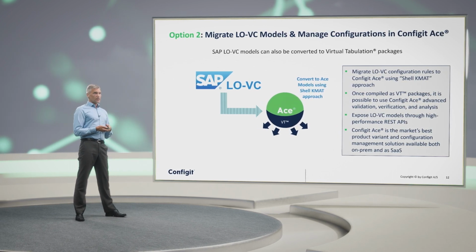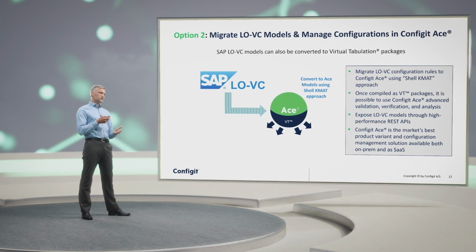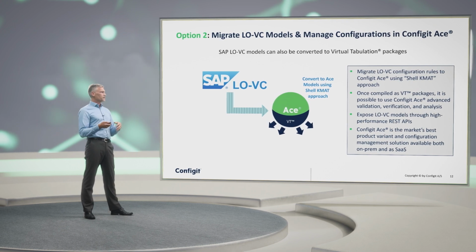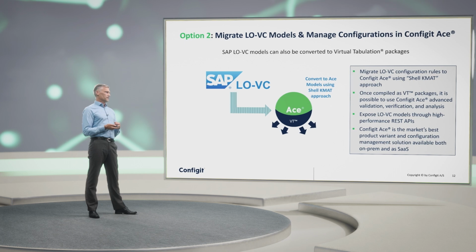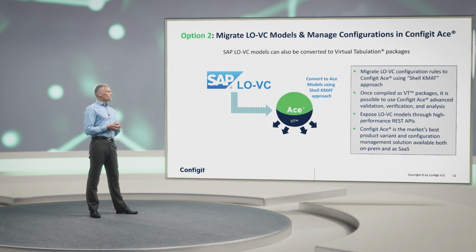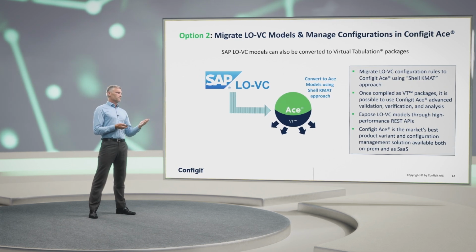We call this the shell KMAT approach, and the idea is that SAP contains the shell of your products, and the rules and logic is then maintained and authored inside of ACE. So the idea is that you can then continue to use ACE as the modeling environment for these models.